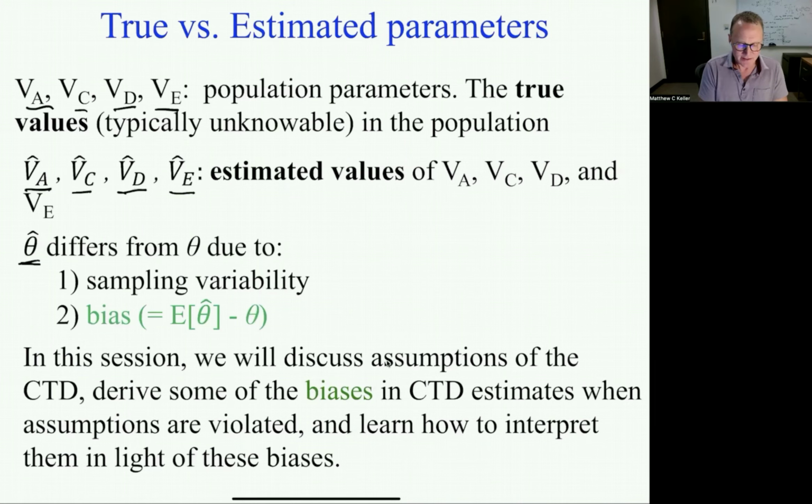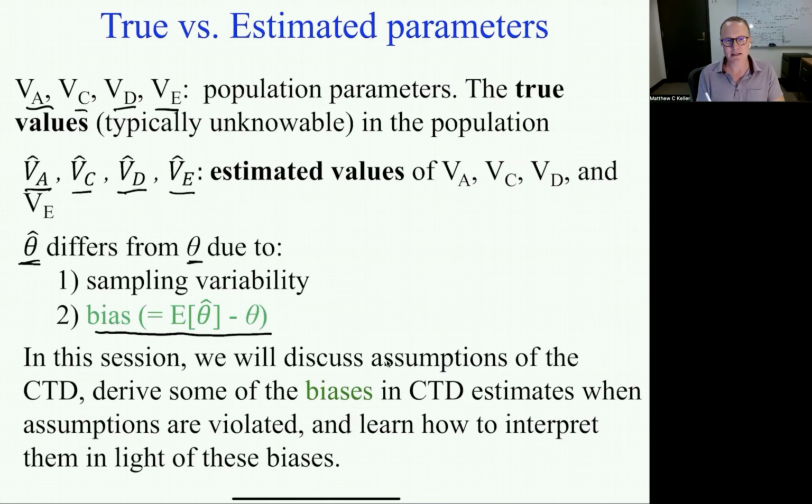More generally, we can say that theta hat, which is just in general for any of those estimates above, differs from theta, the true population parameter, due to two main sources. One is sampling variability, due often to small sample size or to high variation in the statistic that you're trying to predict. And the other, which we're going to concentrate on in this lecture, is bias.